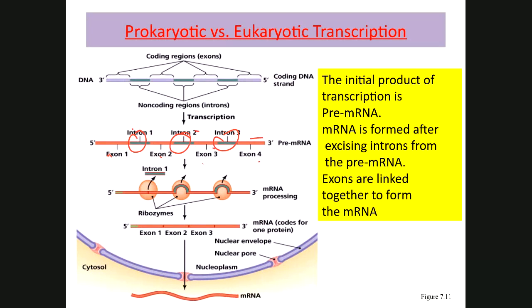So by modifying which pieces are cut and which pieces are kept, there's almost an infinite number of proteins that could be made with one single transcript. So this is a space-saving strategy again.